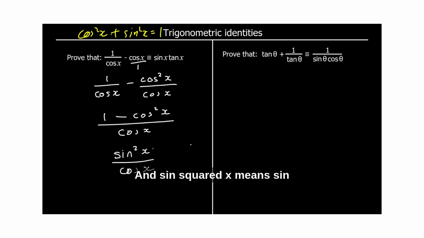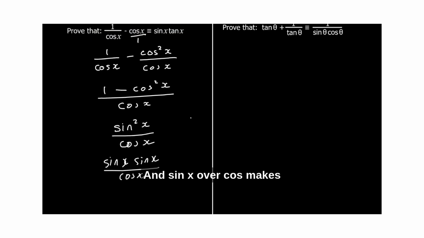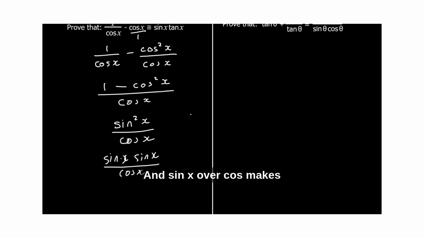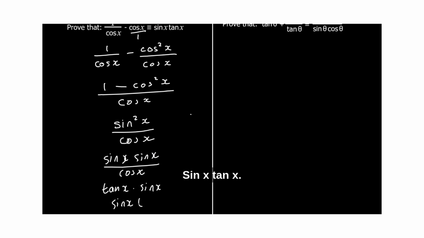And sine squared x means sine x times sine x. And sine x over cos makes tan. That's tan x times sine x, and I'll write it the other way around, sine x tan x.